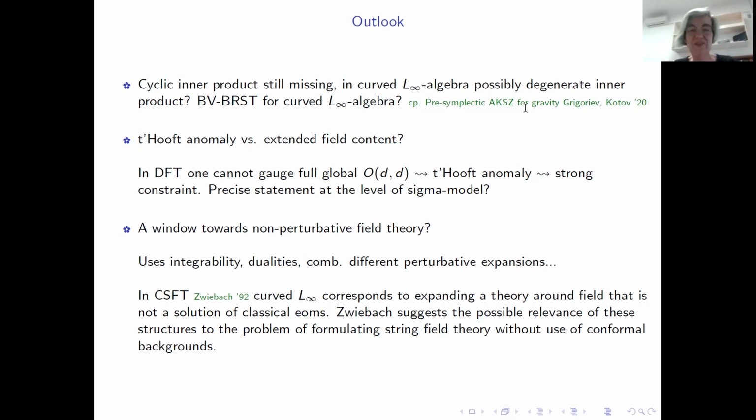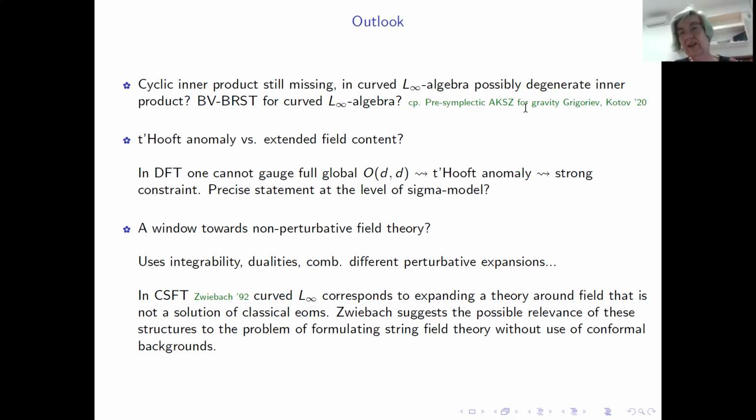And these tools usually include integrability properties of certain field theories. Then we are also keen on dualities, because like in this example, dualities always give you a way to probe different regimes of your theory, so you can have a certain feeling about what's happening in a different regime. Or you can also combine different perturbative expansions.